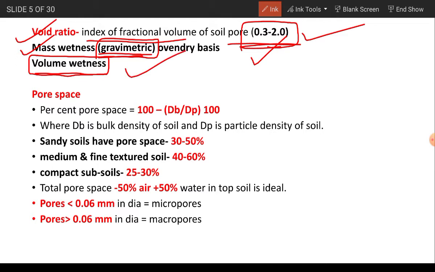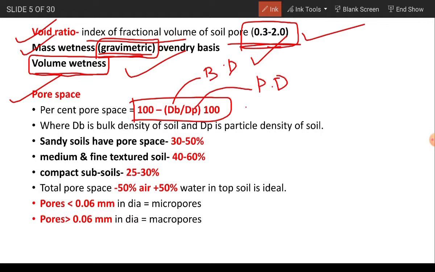The next one is the pore space. The formula for pore space is 100 minus bulk density by particle density, times 100. Using this formula, if you know the values of bulk density and particle density, you can know the pore space.